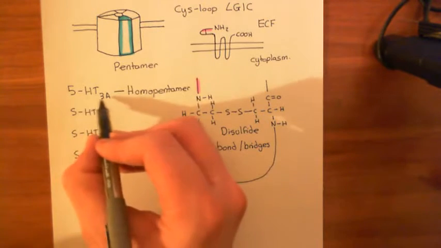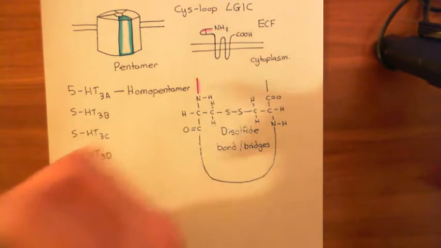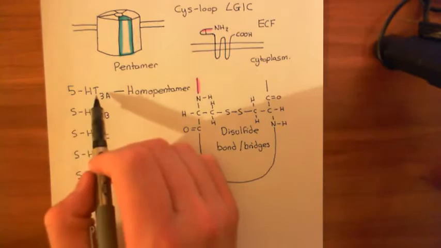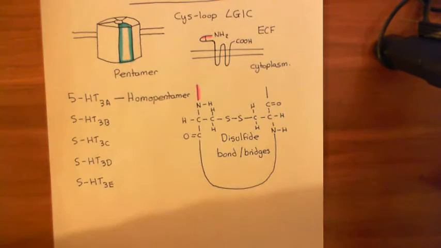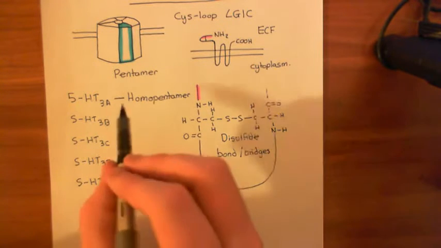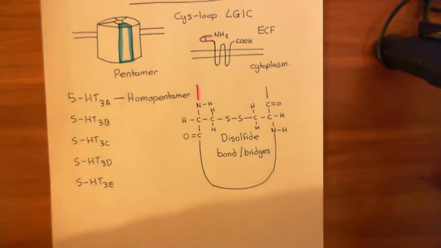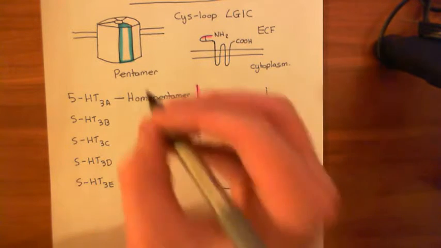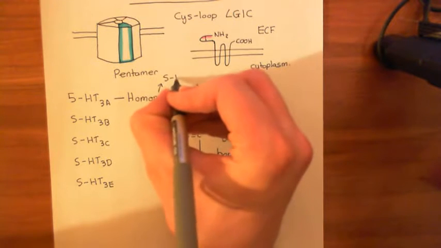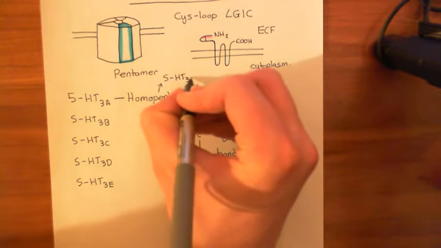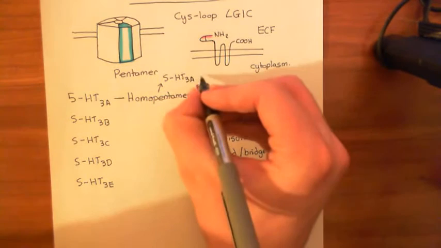So you can use this gene, you can produce 5 proteins from it, you can slot each one of these proteins into these 5 slots, and you'll then have a 5-HT3 receptor, which will be a homopentamer of the 5-HT3A subunit. Okay, and that's often referred to as the 5-HT3A homopentamer, or just the 5-HT3A receptor.